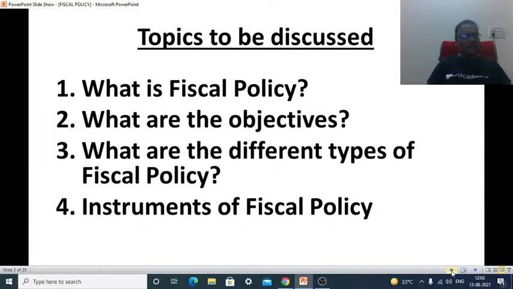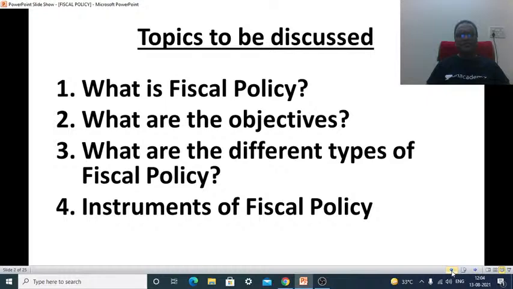What are the objectives of fiscal policy? Very simple. The objectives of fiscal policy are to ensure rapid economic growth, industrialization, infrastructure development, then self-sustenance, what we call Atmanirbhar, then to bring about rapid economic transformation of the society, to remove inequalities in the distribution of income and wealth, to improve infrastructure, and also to promote our foreign trade.